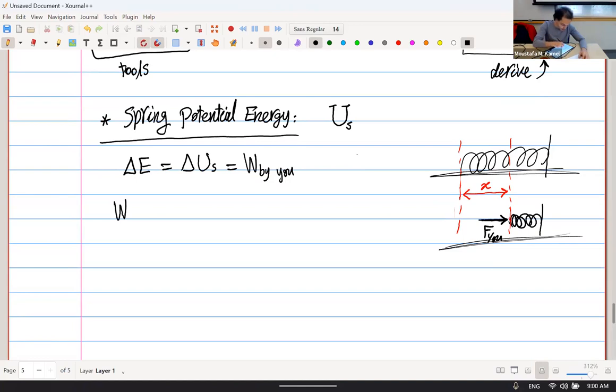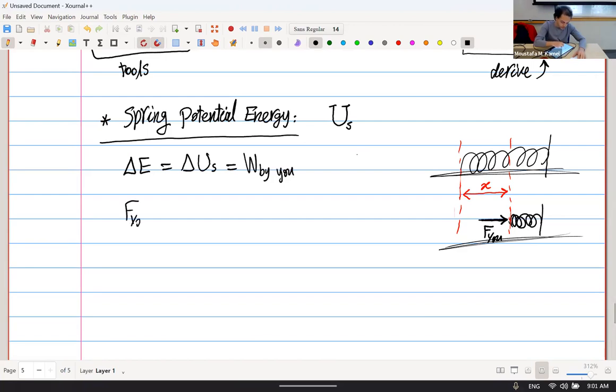Now the definition, the work done by you is equal to, let's first discuss the force. What's the force of the spring if it's compressed? Yes, exactly.